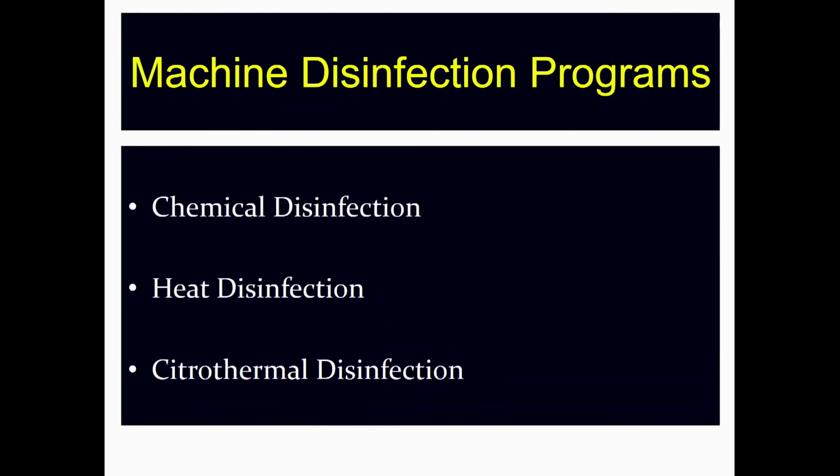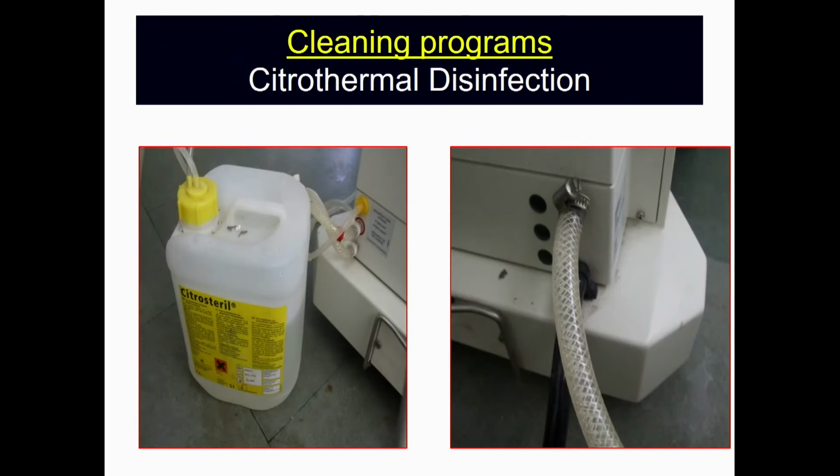Yeah, I think again we are going to have a detailed discussion later on, but you have chemical disinfection, heat disinfection, and citrothermal disinfection. Most of the new machines have their cleaning programs, and citrothermal disinfection is done at the end of the day.